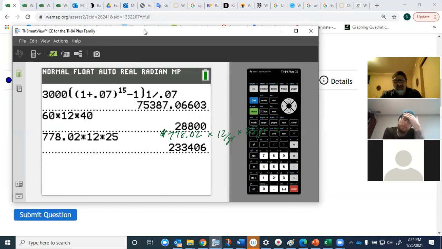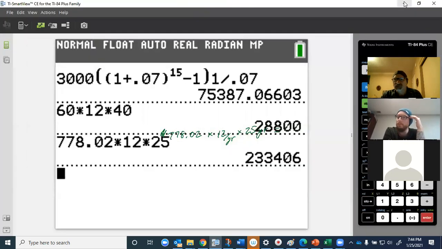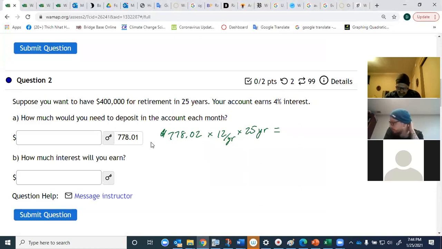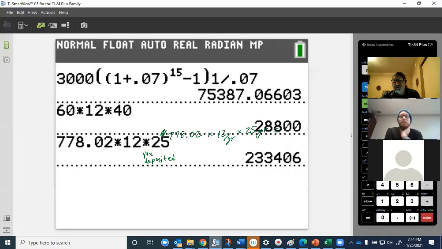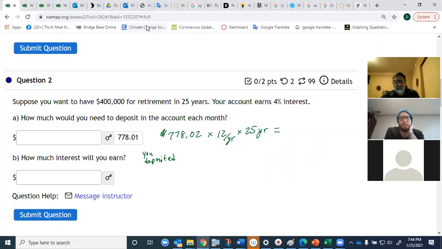That means we invested out of pocket, you deposited, 233,406, right?